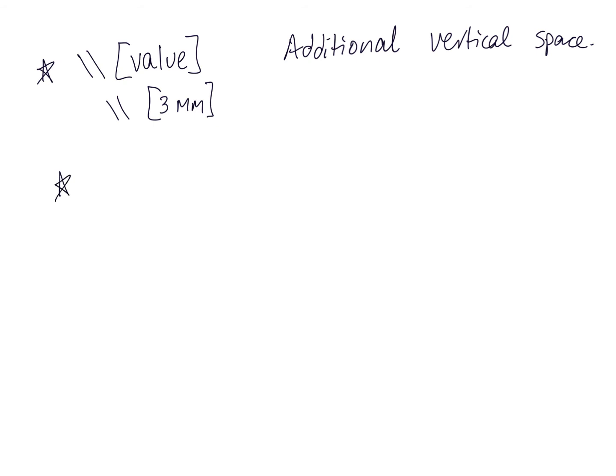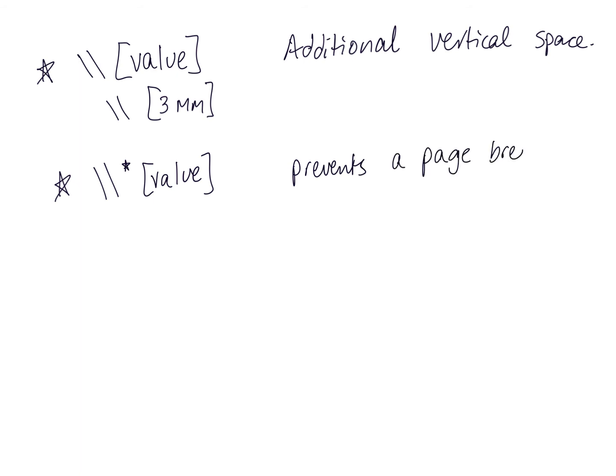Then if I did an asterisk and then a value, this is just a variation of the same, but this prevents a page break before the next line of text.